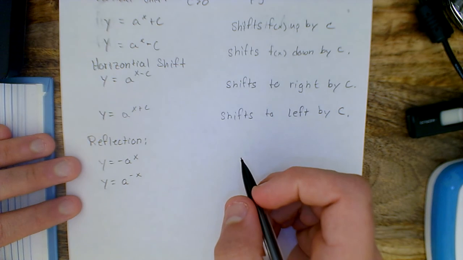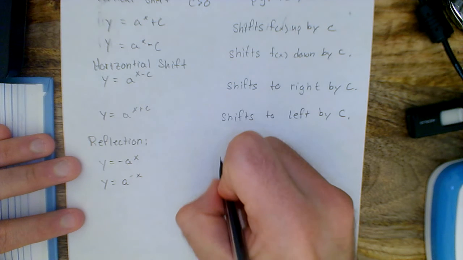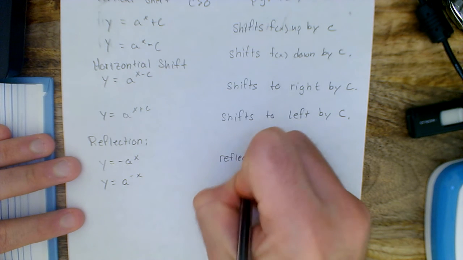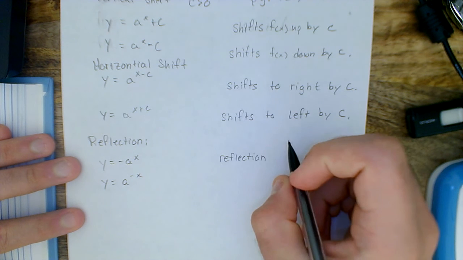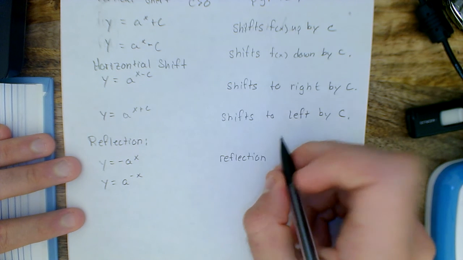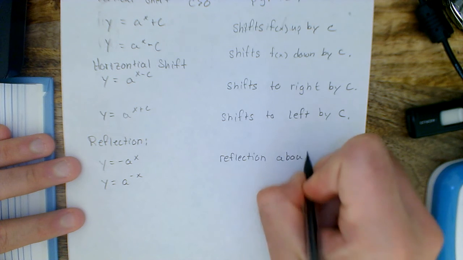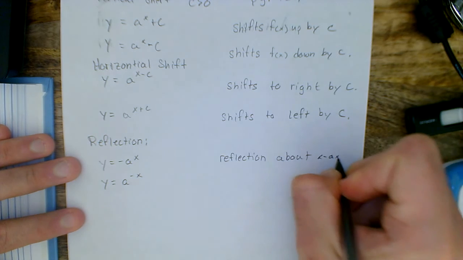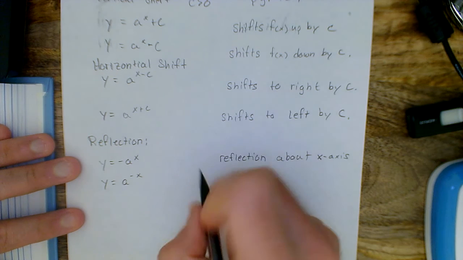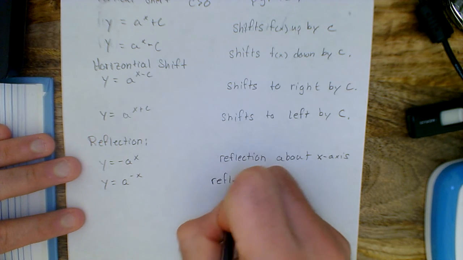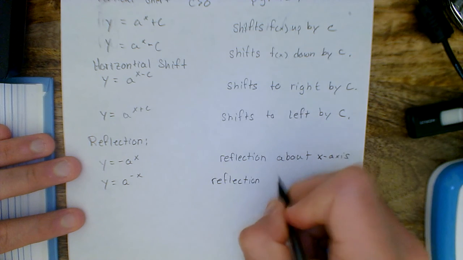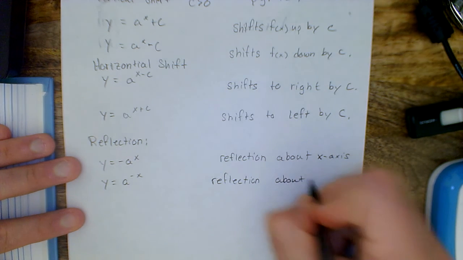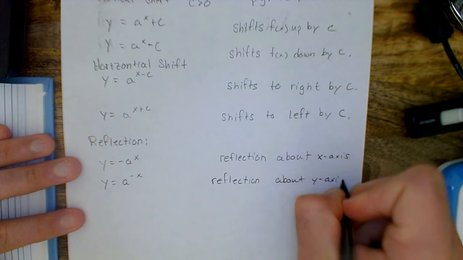So this first one is going to give you a reflection about the x-axis. This one's going to give you a reflection about the y-axis.